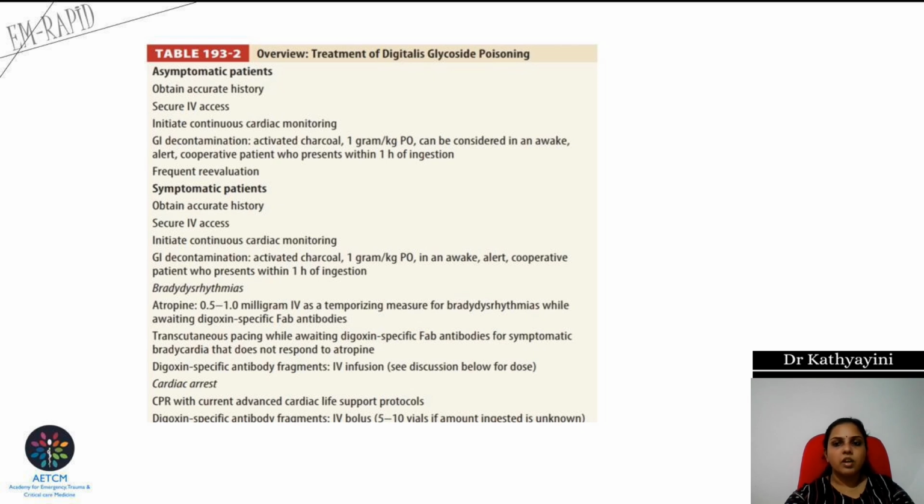If we are suspecting digoxin toxicity based on the findings, the history or the digoxin level, we can arrange for the digoxin specific antibody. Till that time, we can bridge the therapy by giving atropine and going for temporary pacing, that is, transcutaneous pacing.